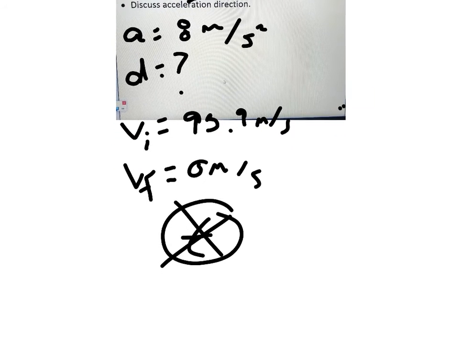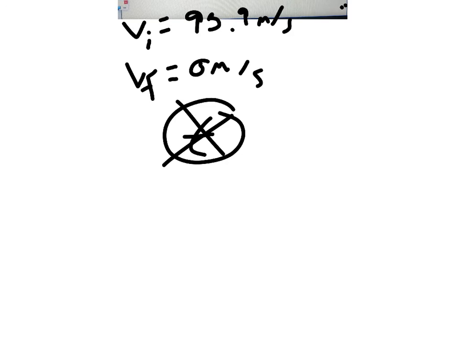So we are going to pick, if you're looking at the equations, the only one that doesn't have time in it: Vf squared equals Vi squared plus 2AD. Again, don't rearrange the equation. Don't worry about any algebra math stuff right now.